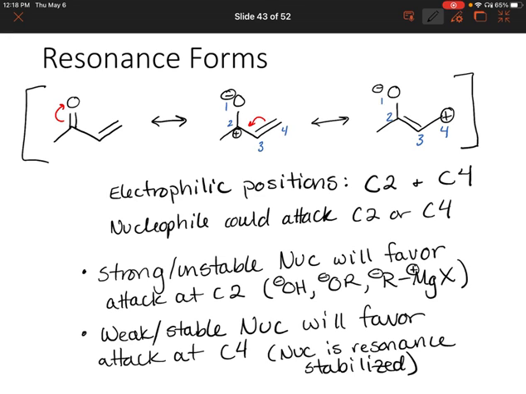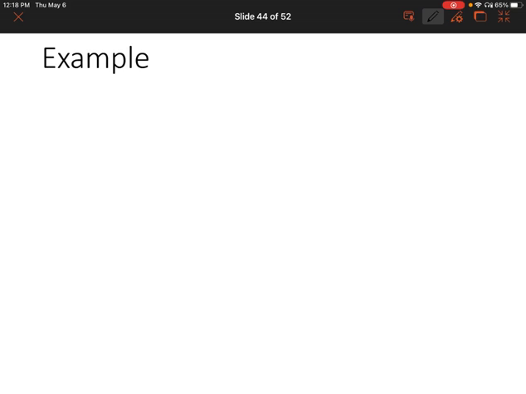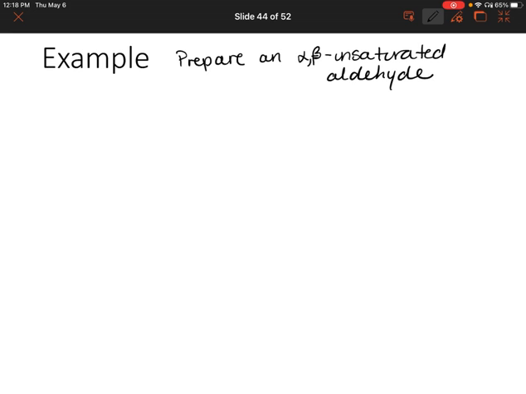So let's look at an example. Let's prepare an alpha beta unsaturated aldehyde instead of a ketone.